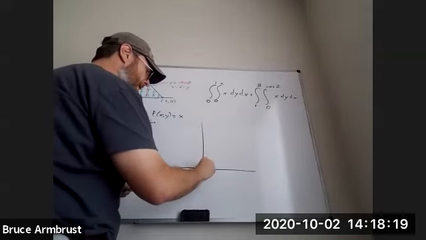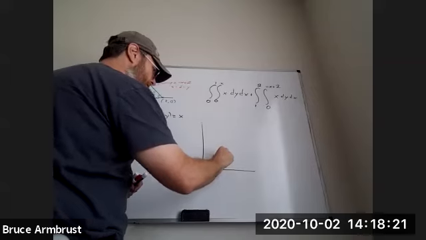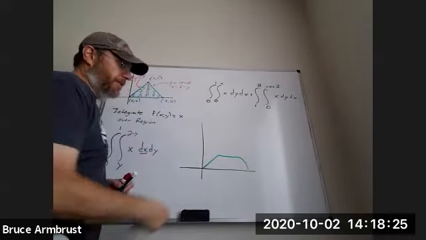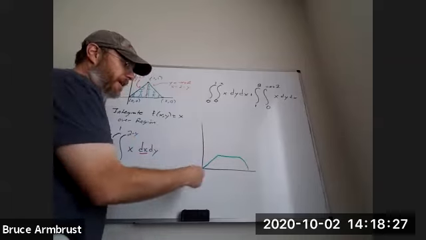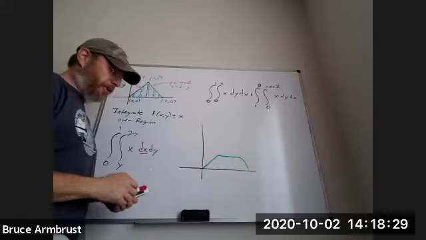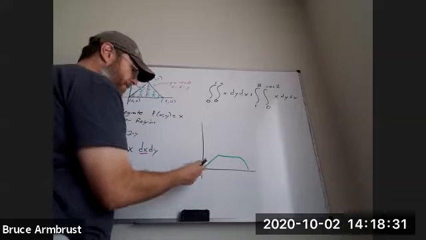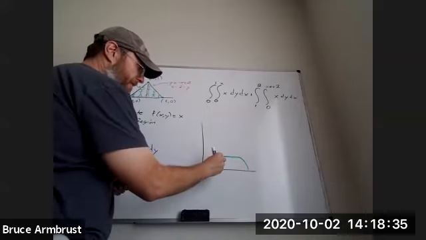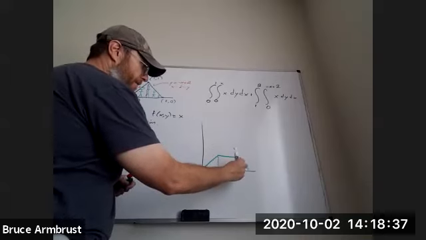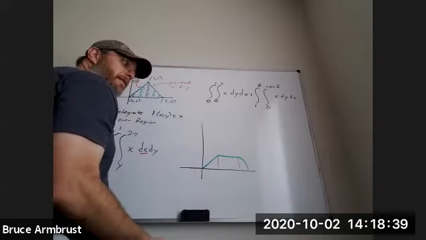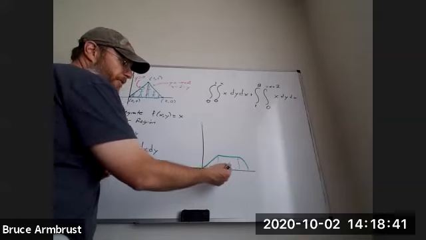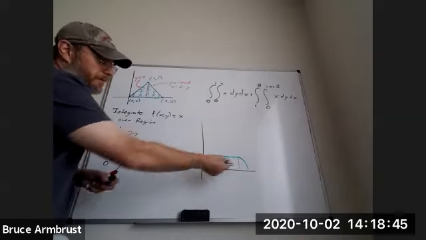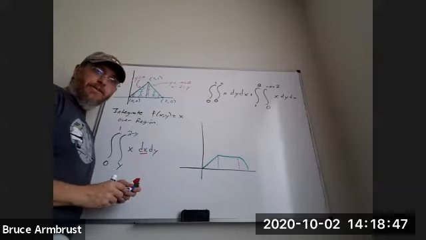Where maybe you had a region, a function like this, and we wanted to find the area under that curve, and you went, oh, here's what we'll do. We'll split it into 3 pieces. There's going to be this one, and that one. So you could do, this is a triangle, this is a rectangle, it's supposed to be a circle, but a quarter circle. Kind of remember doing that?